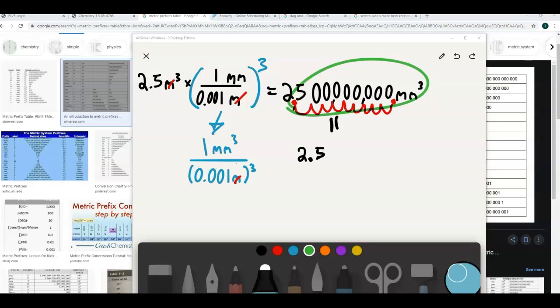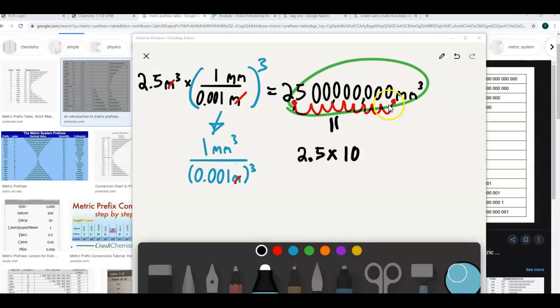So basically the next step is, okay, well, 2.5. You're always going to put times 10 to a certain power in scientific notation, always. And that power is just going to be how many spaces you move the decimal, okay? Sometimes it's a negative number, sometimes it's a positive number. It depends on whether you're trying to express a very large number or a very tiny number. This is clearly a large number, right? This is a number that is greater than 1. So obviously, this is going to be a positive power because otherwise this would express it as a decimal.